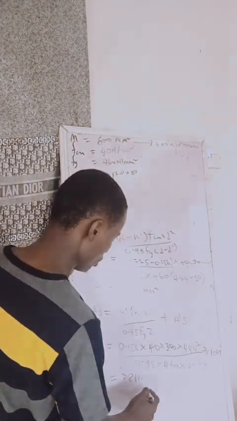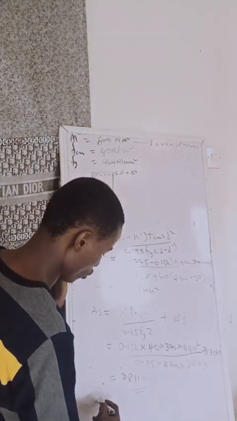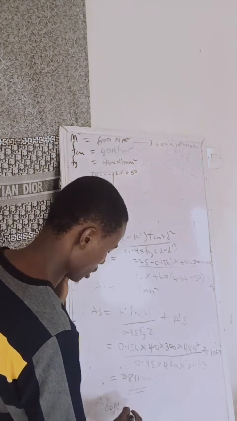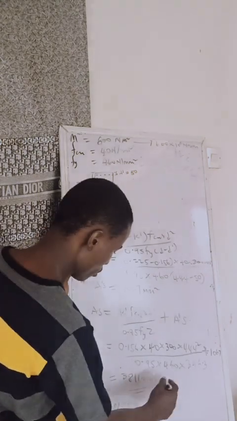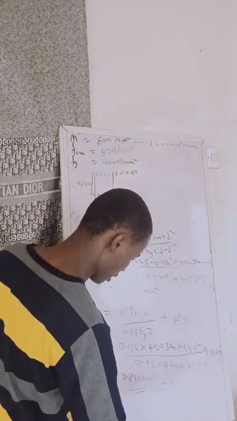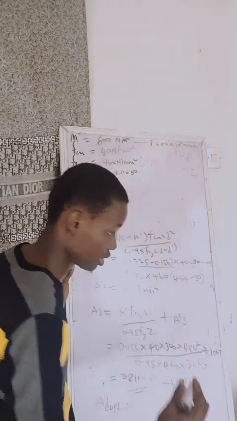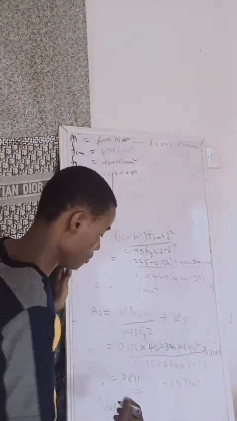And stop. So then the next step is to adopt. If you check, the one that is closer to 3811 is, I think, 3930, in appendix 6.